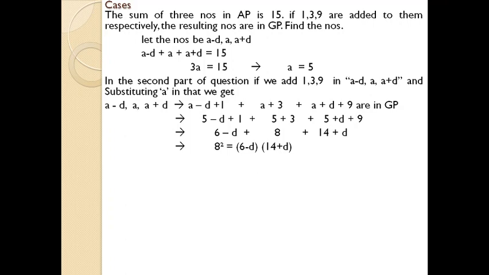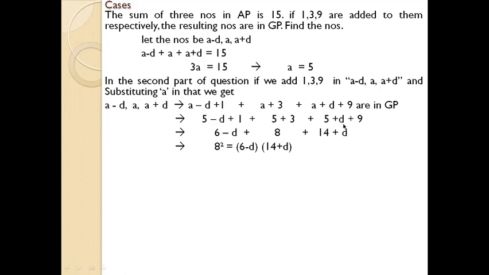In that series the second number was 4, and 4 square is 16. I think you have got the concept. In a geometric progression, the square of the second number is the product of the first and the third.